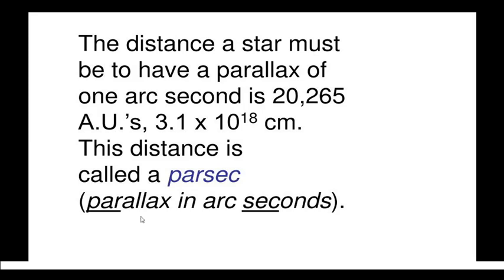So parsec means parallax in arc second is denoted as parsec. So 1 parsec is equal to 1 astronomical unit divided by 1 arc second. From that we calculate the value of 1 parsec, and 1 parsec is defined as the distance at which an arc of length 1 AU subtends an angle of 1 second.